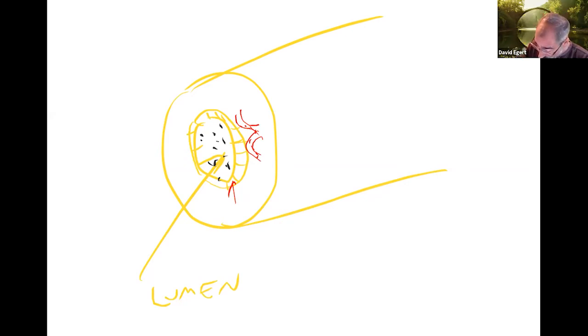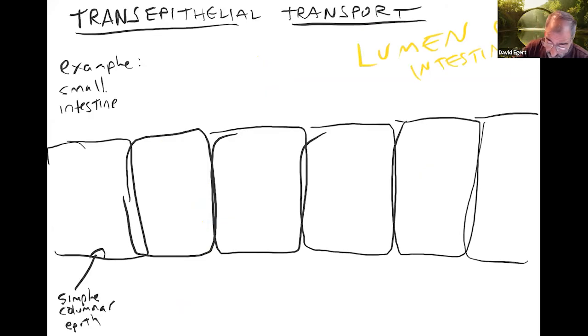So I'm just trying to give you some context here. We're looking at the lumen, and we're looking at the epithelium, and then we're looking on the other side where the blood vessels are that are going to pick up the nutrients that are the results of the breakdown. So that's why I'm saying lumen. This is the inside.